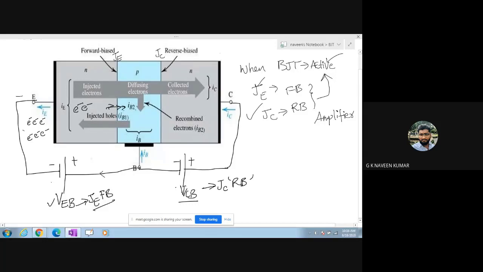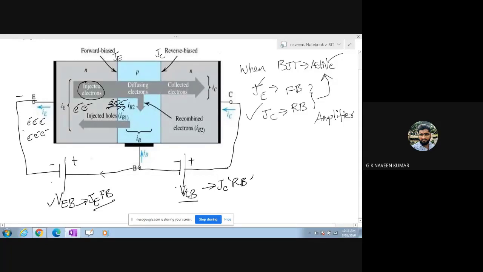Before reaching here, first it will reach here. So electrons are moving from here to here. These are injected electrons. If you observe the arrow mark direction, injected electrons will be flowing from emitter to collector. These are the electrons position.